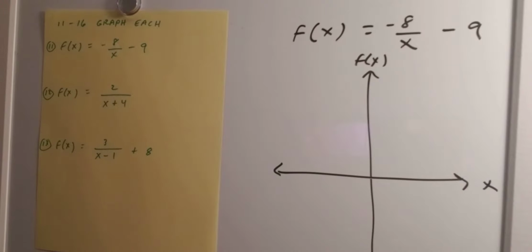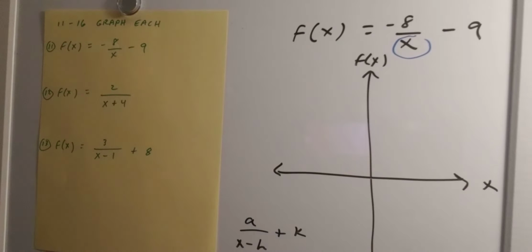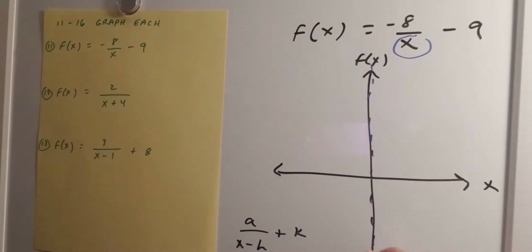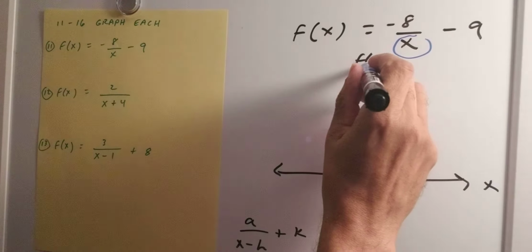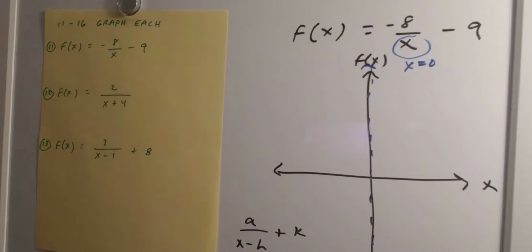Okay. Looking at the form with x minus h plus k, we have x equals 0 for our h, which is our vertical asymptote. The vertical asymptote will go through the y-axis.